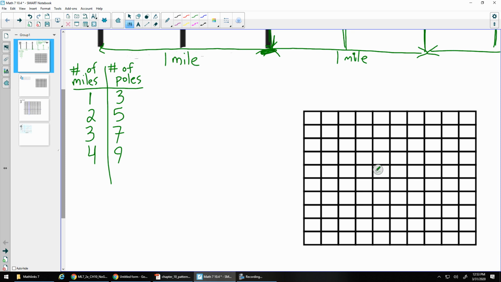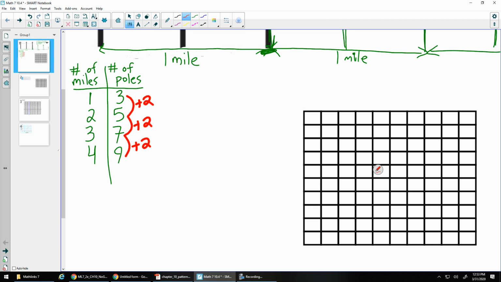So again, I am going to be looking at how much my value goes up by. So it's going up by 2 every time, and that's going to tell me what my numerical coefficient is. These are linear patterns, so they always go up by the same amount every time. That's how you know if it's a linear pattern: is it going up by the same amount every time.